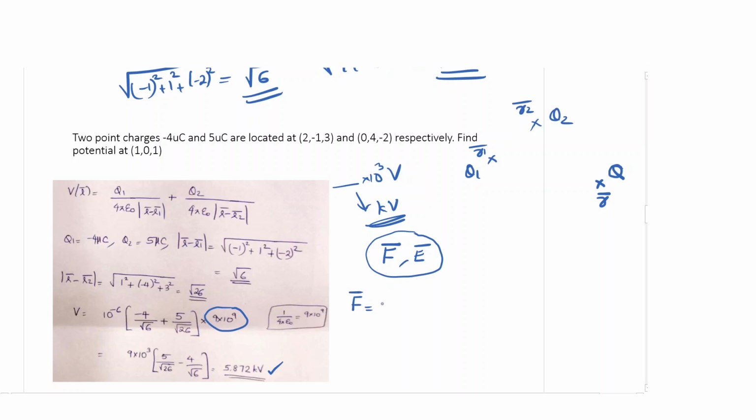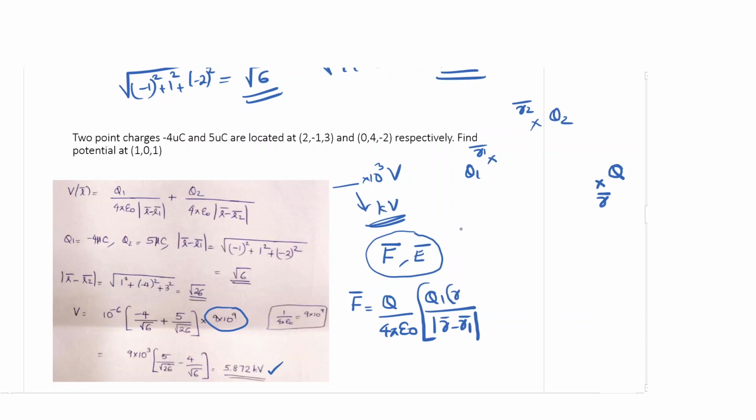F is equal to Q by 4 pi epsilon 0. That will be common. Q by 4 pi epsilon 0 into Q1 divided by modulus of R minus R1. You know that the denominator part has a square component, but here you have to multiply with the unit vector also.